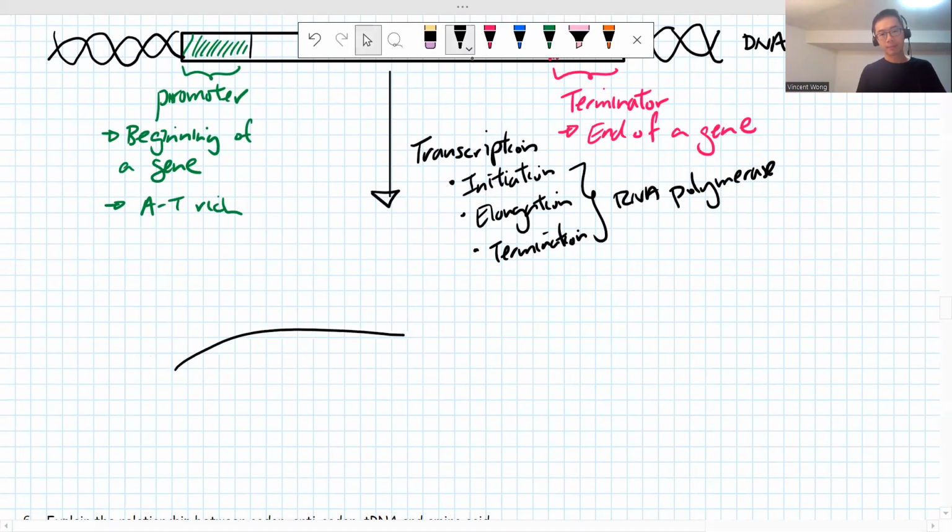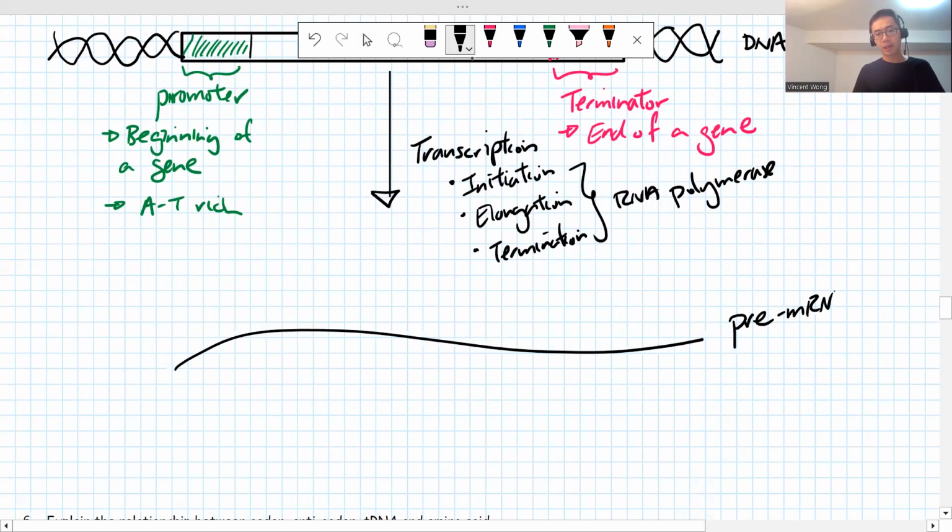Okay, so the RNA transcript, this is pre-mRNA. It's not ready yet. The reason it is not ready is because when we copy the genetic material, it turns out there are some non-coding DNA that needs to be removed.